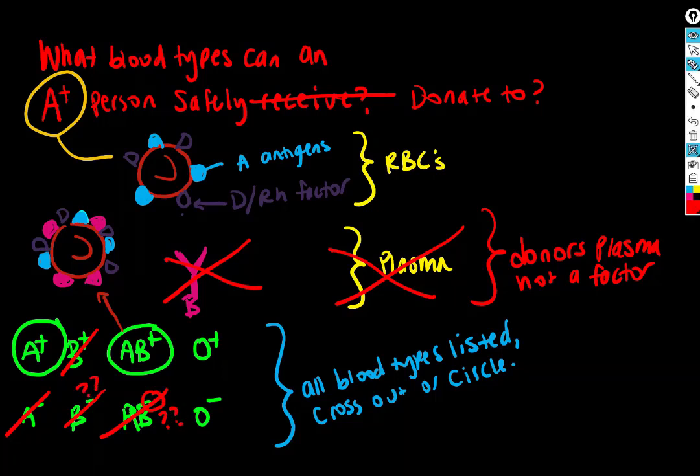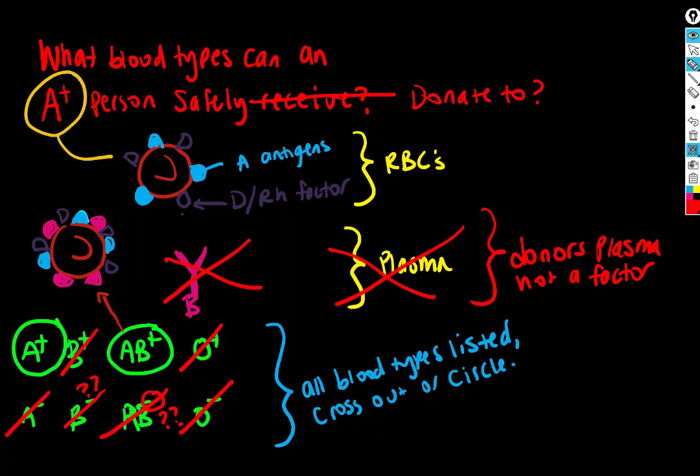So we can't safely assume that they would be okay with receiving positive blood. They also can't donate to O positive because someone with O is going to be assumed to have anti-B and anti-A antibodies, and they can't donate to O negative because this person has all possible antibodies, we have to assume. So anti-A, anti-B, and anti-Rh.